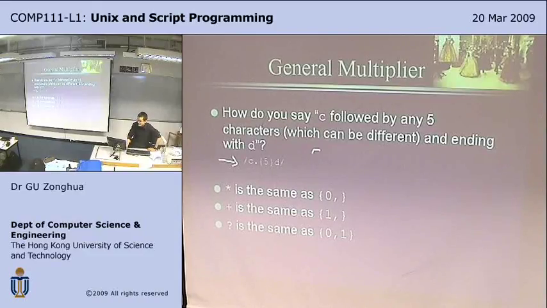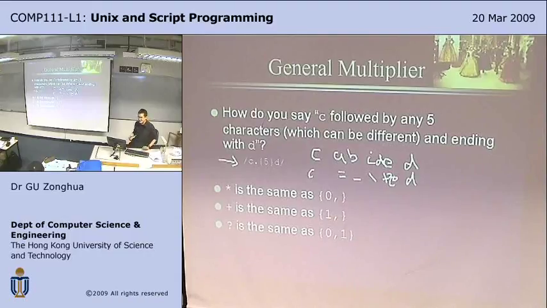So you can see C, A, B, C, D, D, or equal, underscore, slash, T. So anything will match, as long as you have 5 of those, except a newline, because newline indicates string boundaries.